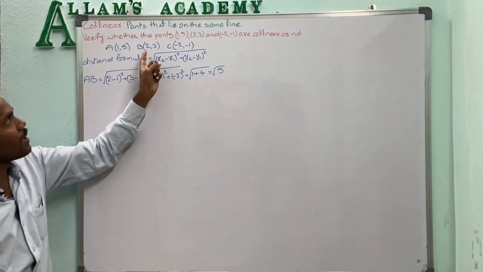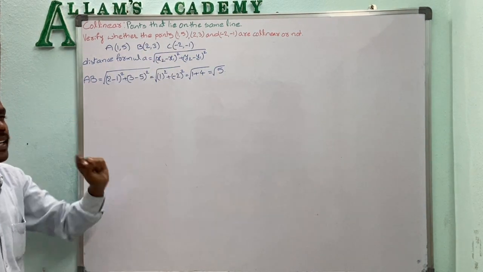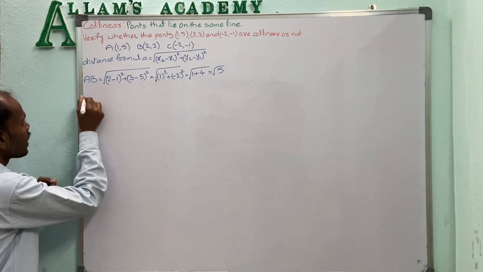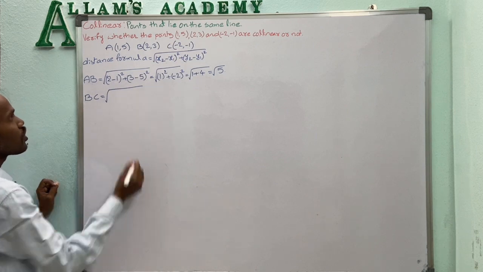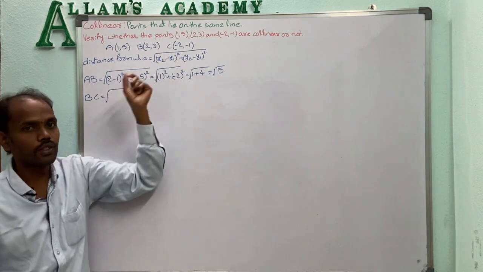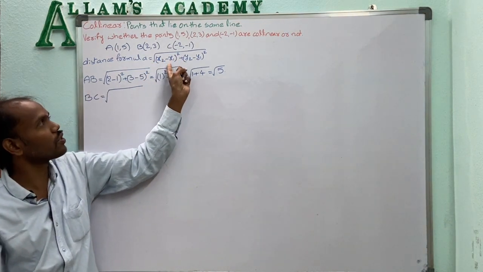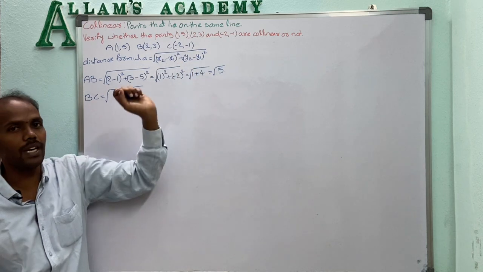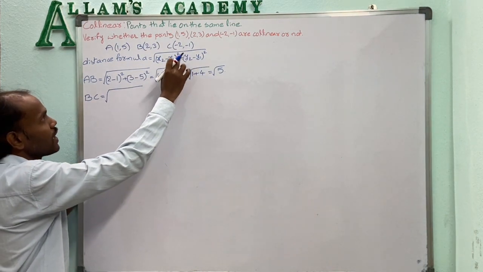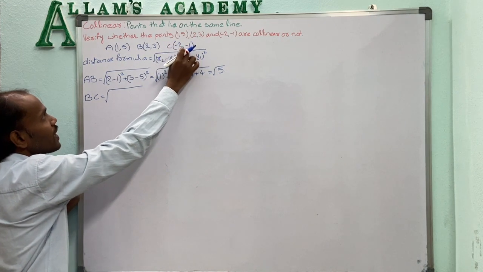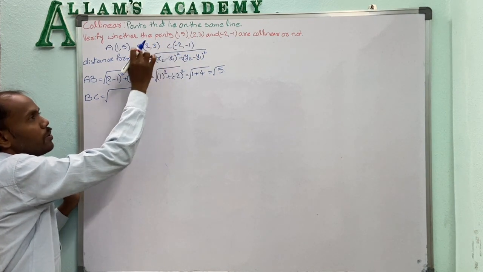Now find the distance between the points B and C. The length of BC is under root x2 minus x1 whole square plus y2 minus y1 whole square. Here x2, y2 are -2, -1 and x1, y1 are 2, 3.